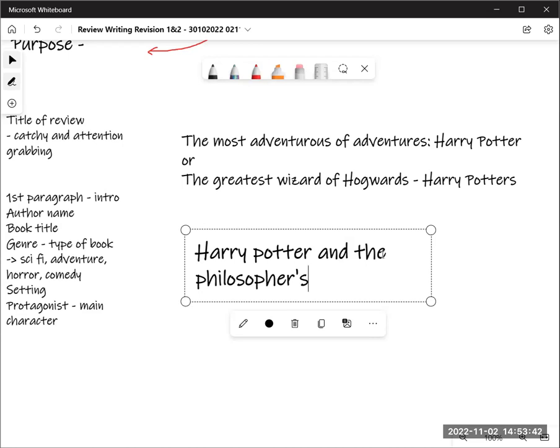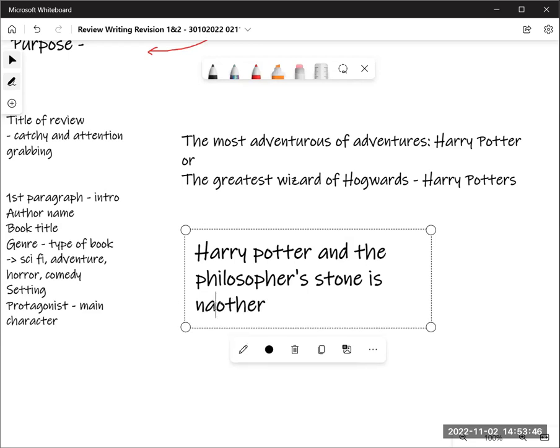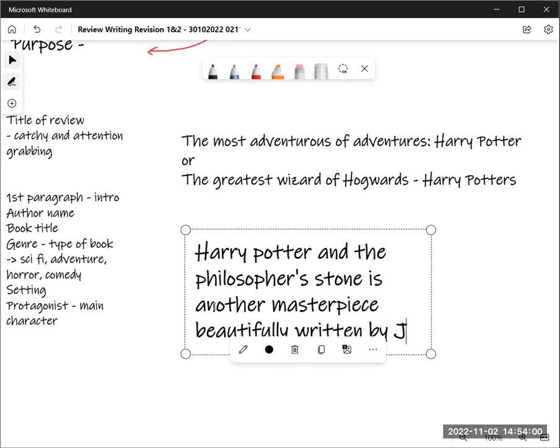Stone is another, let's say, another masterpiece, beautifully written by J.K. Rowling.